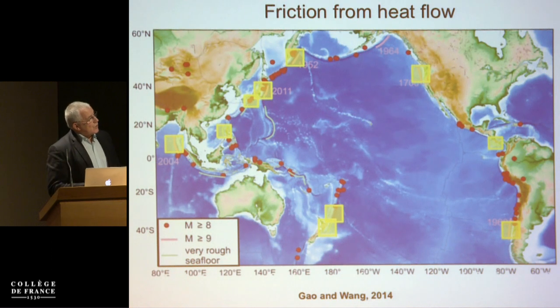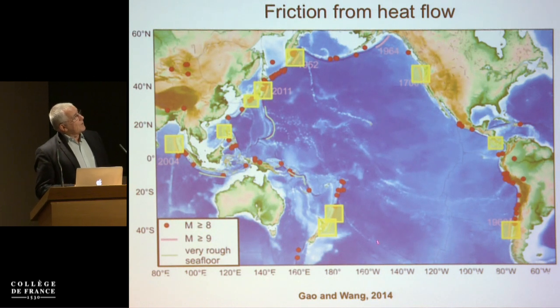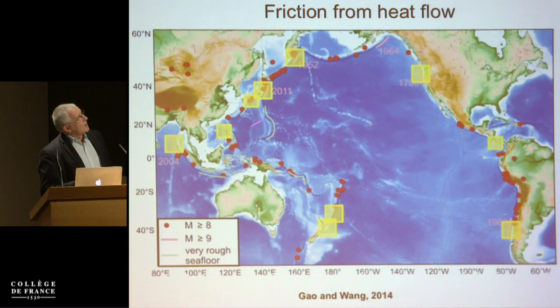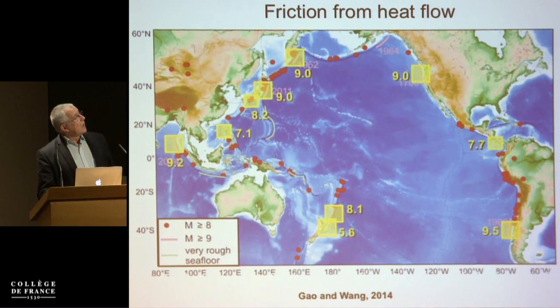So now I show you the work by Gao and Wang. It was published in Science in 2014, and they tried to estimate friction based on heat flow observations in several subduction zones. Those are the magnitudes of the largest earthquakes at these subduction zones they looked at.